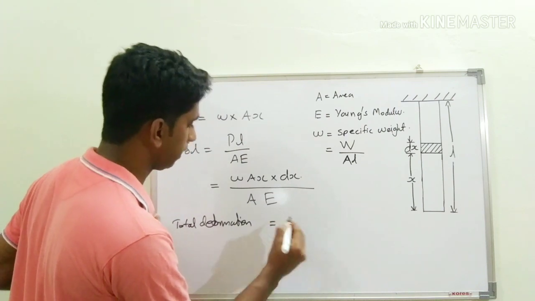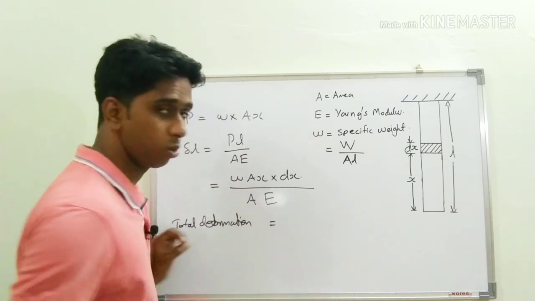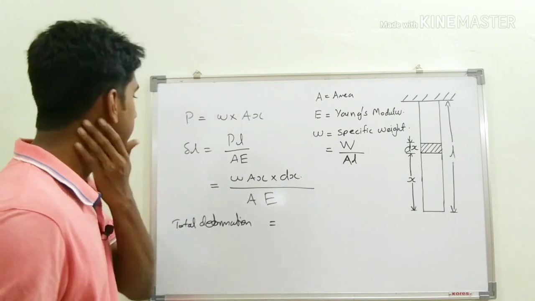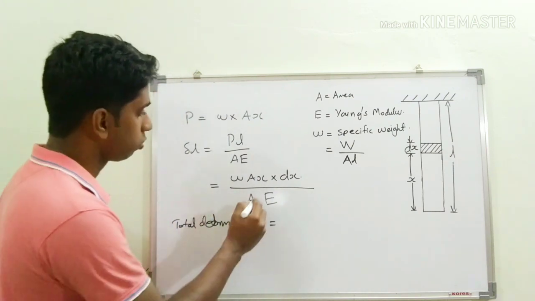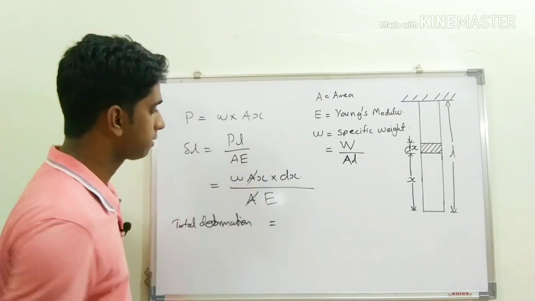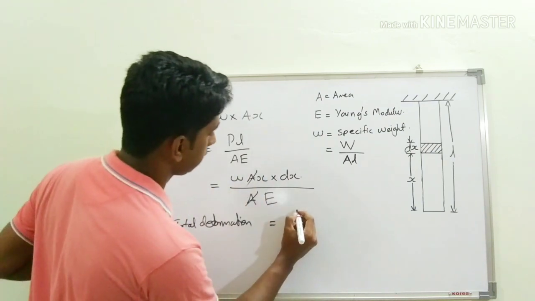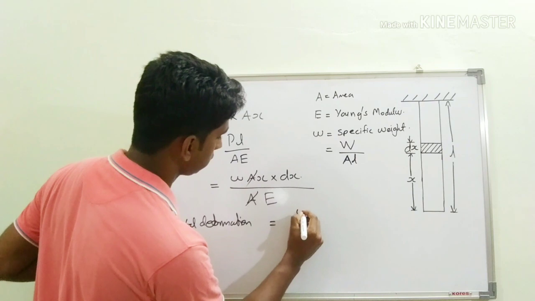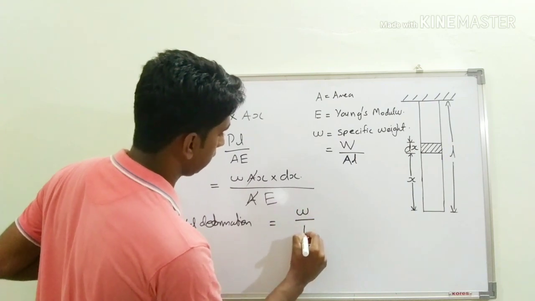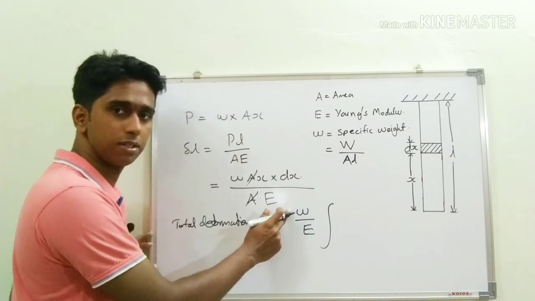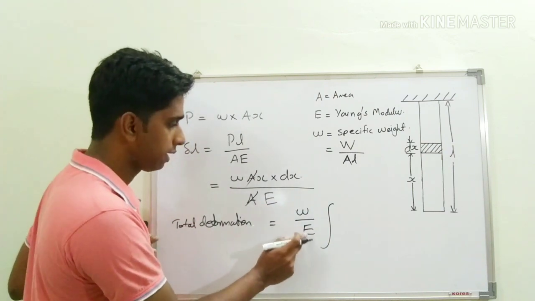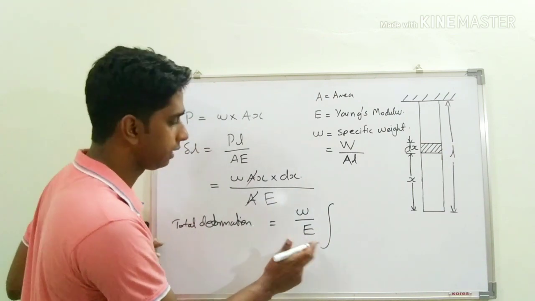While integrating, I'll take all the constants outside. Here I can cancel the areas, and taking the constants outside means w by E I am taking outside, because w is a constant, that is specific weight, and E is also a constant for a material.